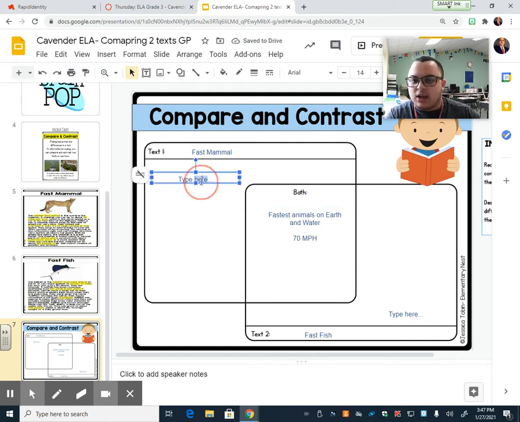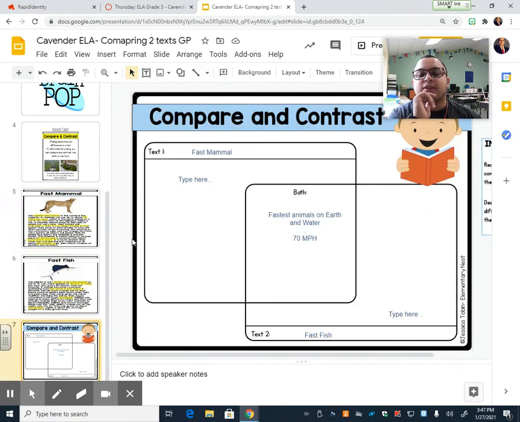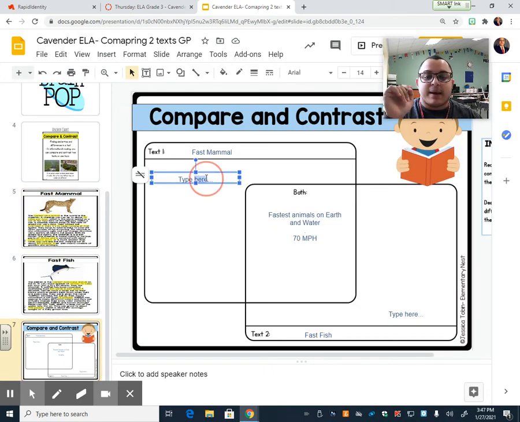And let's look at the fast mammal. Well, we highlighted a bunch of things for fast mammal. I wrote the things down that we highlighted, so I'm just going to talk about those fairly quickly. For the fast mammal, we found in the text that they can go 70 miles an hour, but they have to slow down or they overheat.